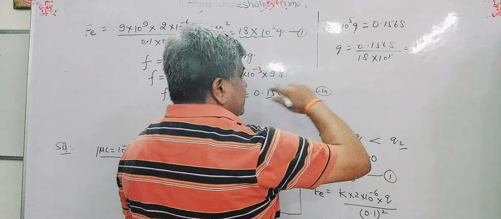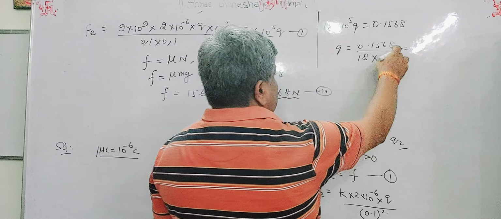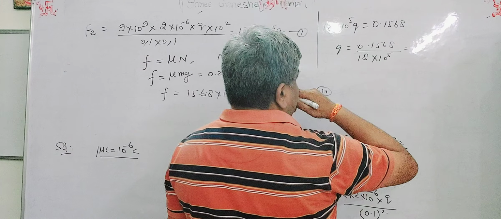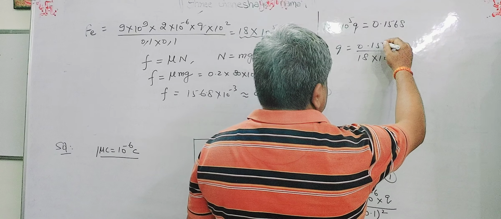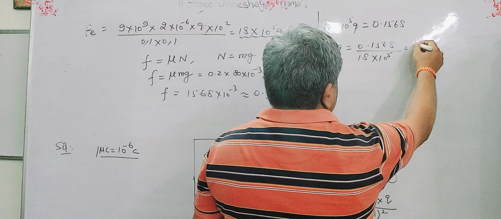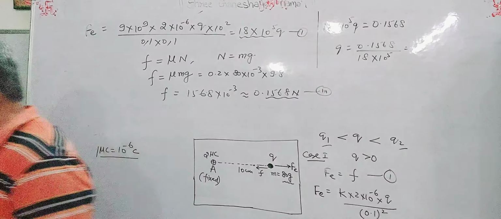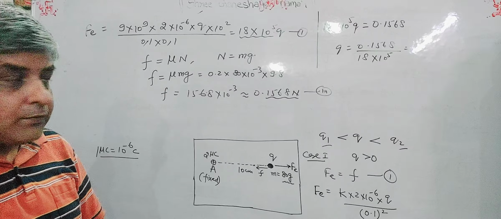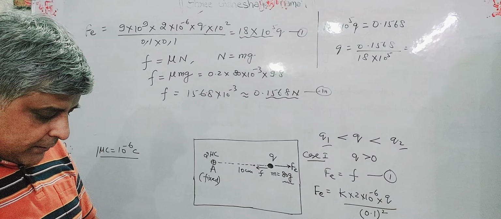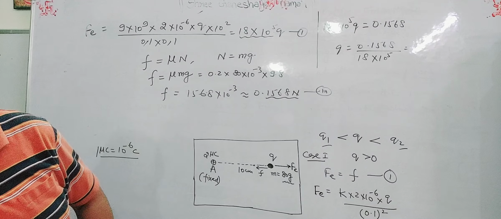You can also calculate by using a calculator. If I divide 0.1568 by 18, so we can use a calculator here. 0.1568 divided by 18 is equal to 0.00871.